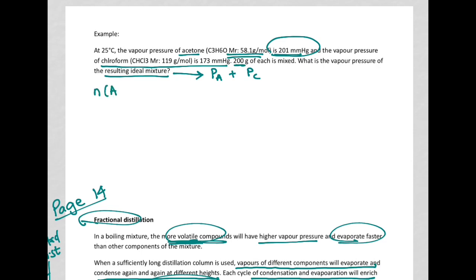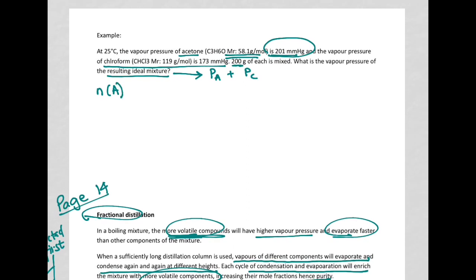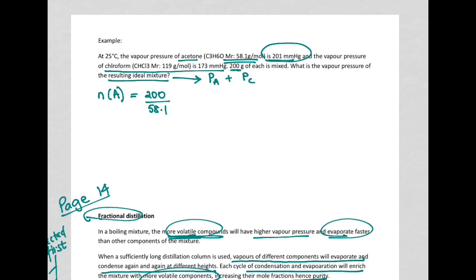I'm going to write acetone as A and chloroform as C. The number of moles of acetone would be mass divided by molar mass. And the number of moles of chloroform would be mass divided by molar mass.